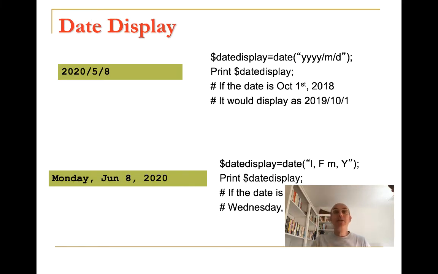We learned about JavaScript and time display. So in this case, in $, data display equals date, and you give the date that you want to structure it, for example year, month, or day, or the opposite way. You can do the same thing with the idea of what it stands for.